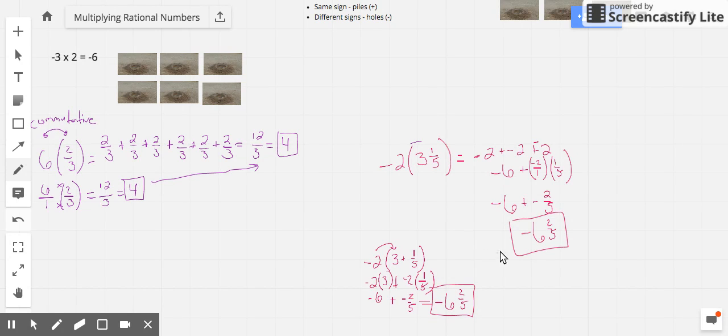Now let's see if we can do it a different way. For some of you that don't like the distributive property, you don't like repeated addition, what if I take my opposite of 2 and I change this mixed number into an improper fraction by multiplying? 3 times 5 is 15, plus 1 is 16/5. Look at that. Way number 3. There's always a way.